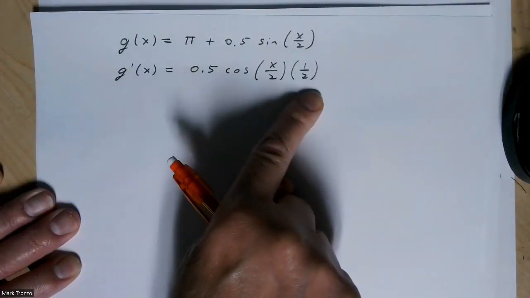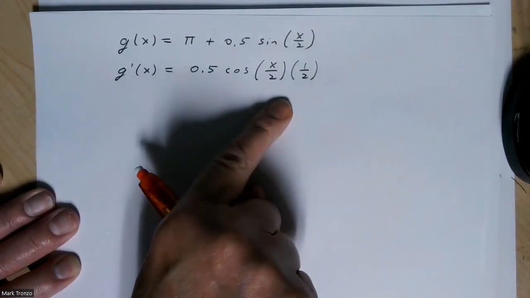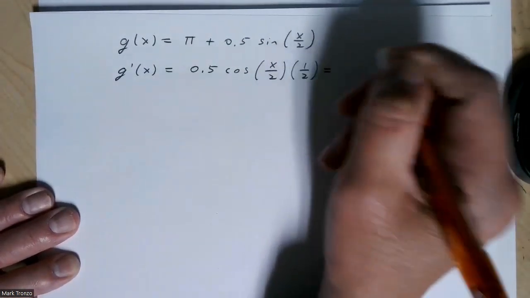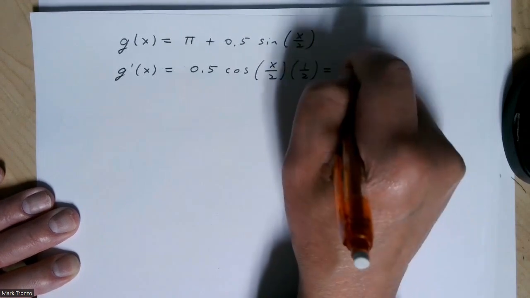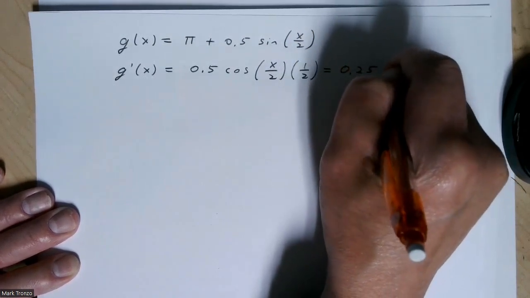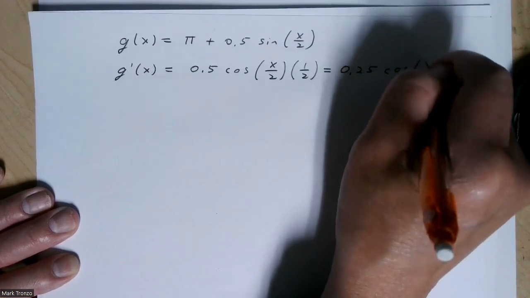When we put 1/2 and 0.5 together, that's 0.25 or 1/4. Let me write it as 0.25 cos of x over 2.